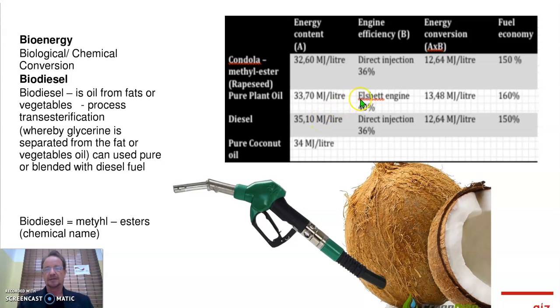If you use the biodiesel in an Elsbeth engine, you get quite a high energy efficiency out of that engine. 40% is pretty high. However, they only like to work in warmer temperatures. If you look at coconut oil, for example, it is already getting cloudy at 20 centigrade plus.